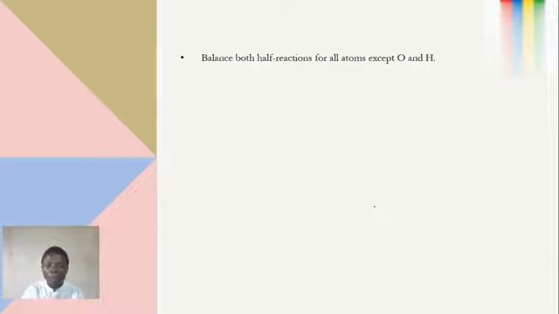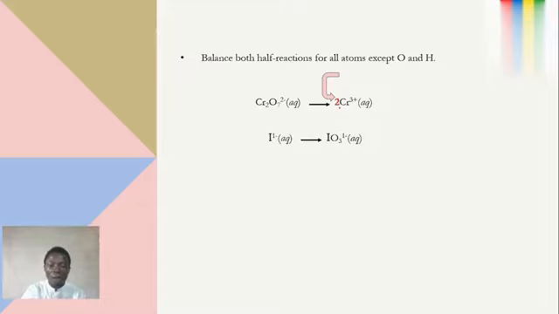The second step, balance both half reactions for all atoms except for oxygen and hydrogen. Remember. So here the atom is 2, so that's why we have to introduce the 2 here so as to balance it. Are we together? Good. So that is balanced for our reduction. So let's check our oxidation. I think it's balanced, right?